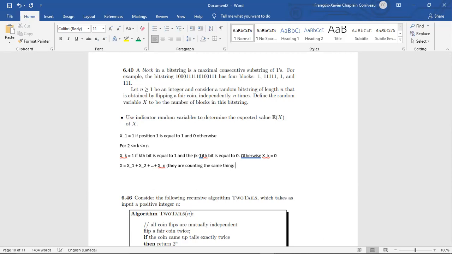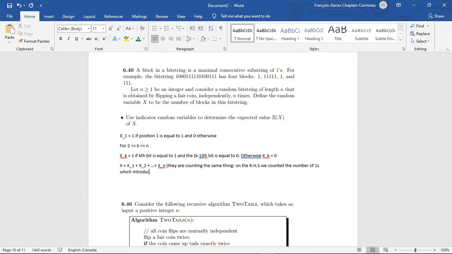If you want to be a bit more formal, you would say we counted the number of ones that introduced a block. On the right hand side, we counted the number of ones which introduced a block.